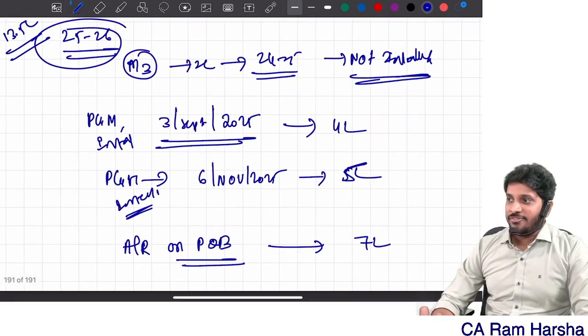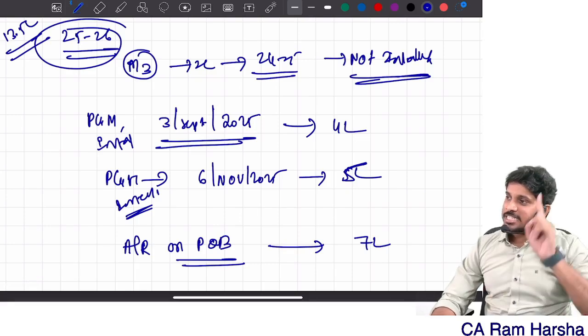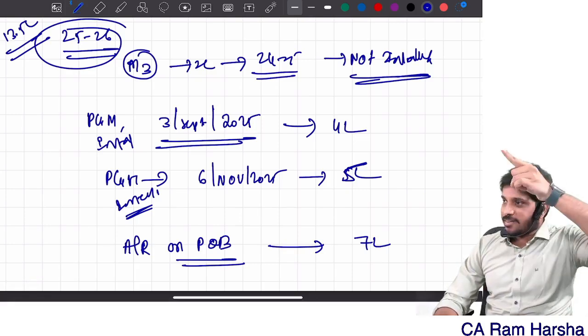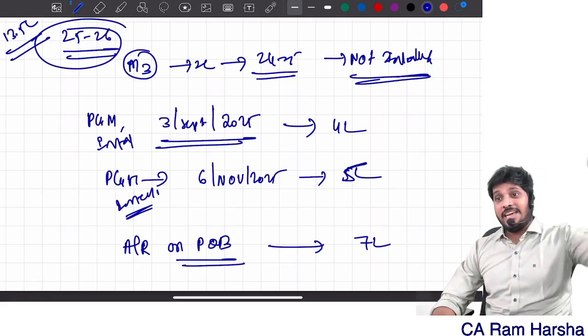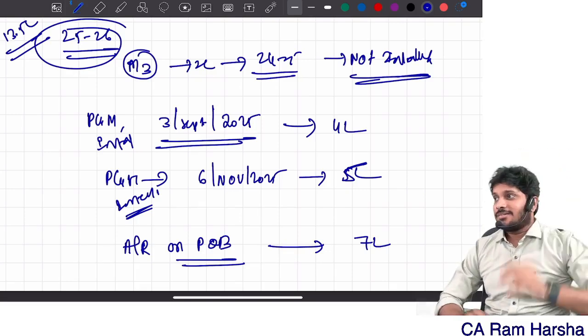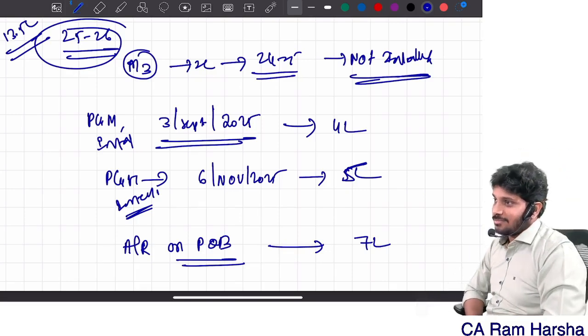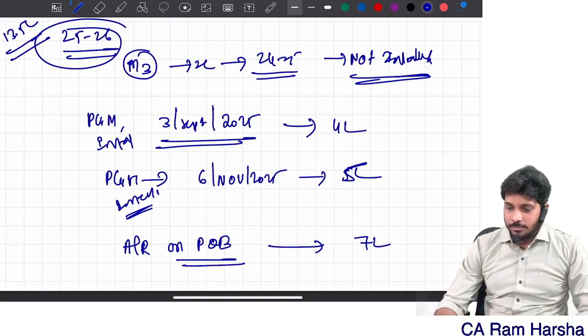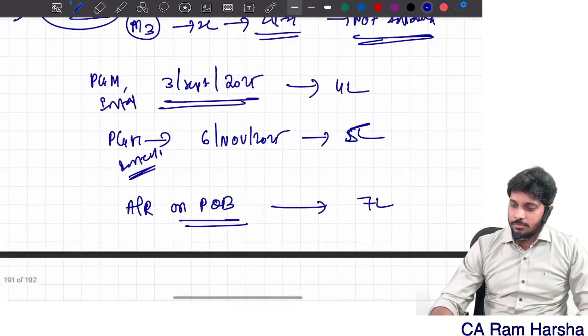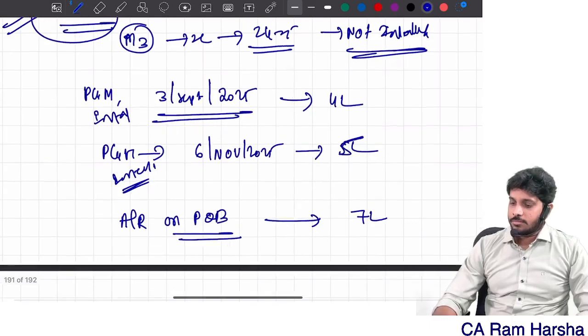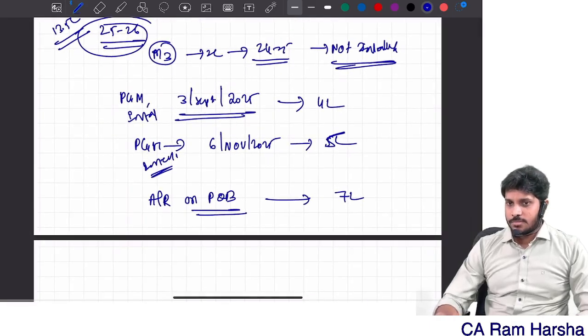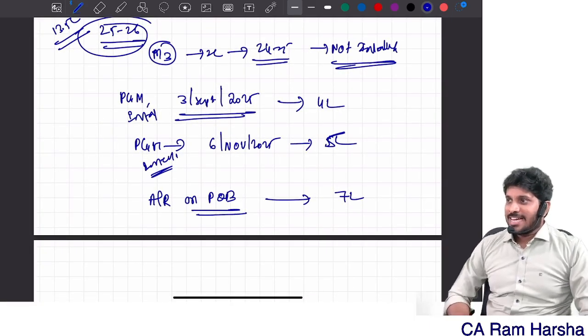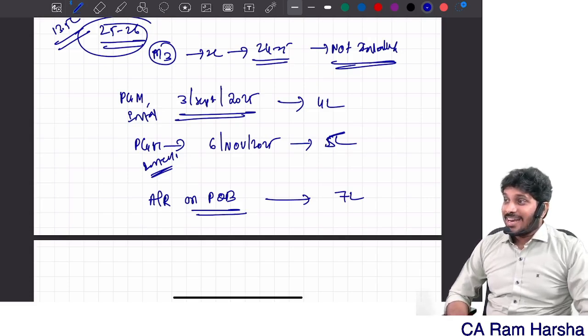Opening value 13.5, you know. Last year's asset we purchased is not installed even in the current year. Current year we purchased 2 assets. What is the answer? 1 lakh?